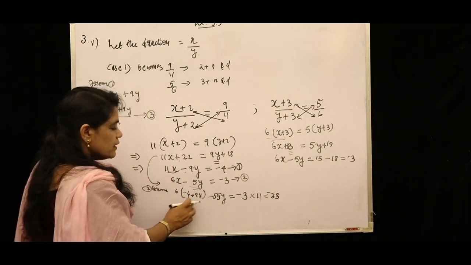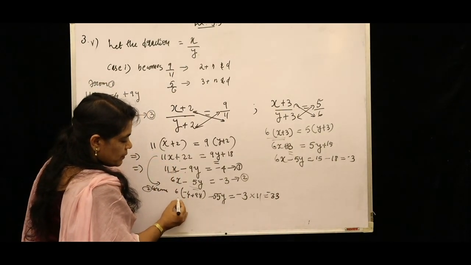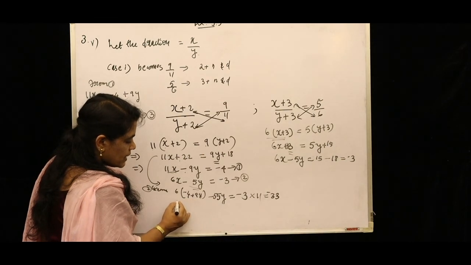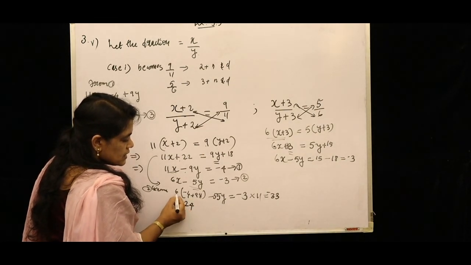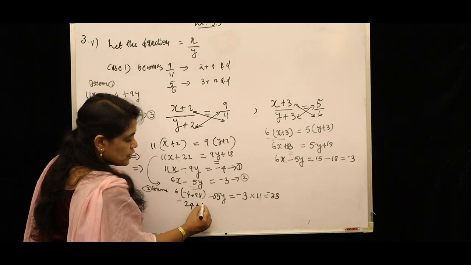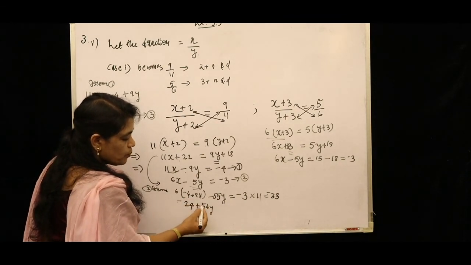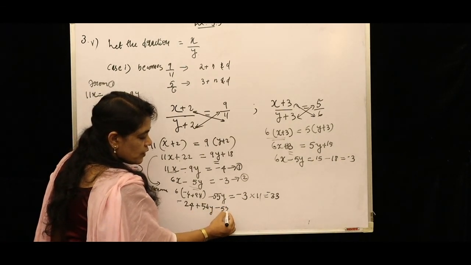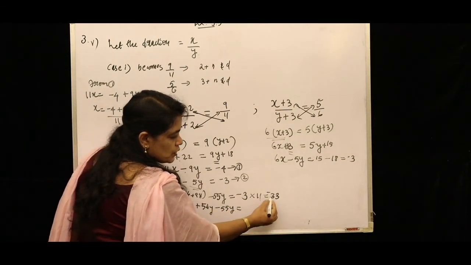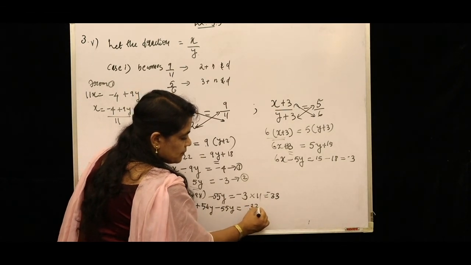Understood? So we are going to open the bracket by multiplying with 6 each term inside the bracket. 6 into 4, that is 24, minus 24. 6 nines are 54y, so plus 54y, and the next term is minus 55y equal to negative 33.